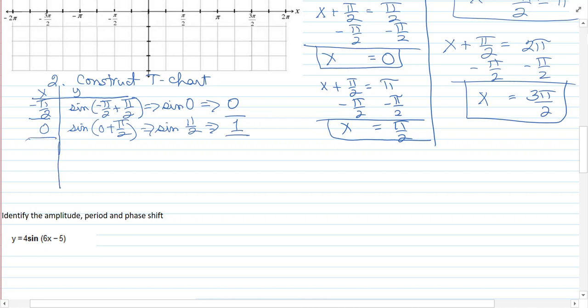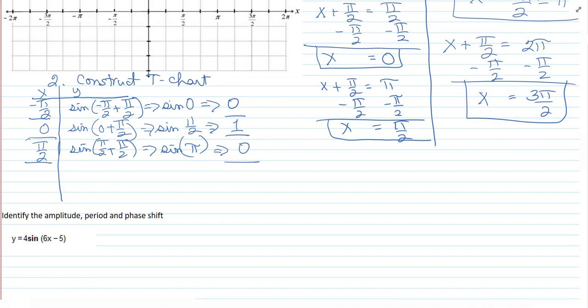So then I'm going to have pi halves. So I'm going to have the sine of pi halves plus pi halves. That's going to give me the sine of pi. 2 halves make a whole. And I'm going to have 0. Then I'm going to have 3 pi halves.